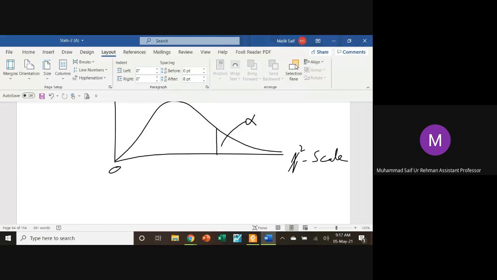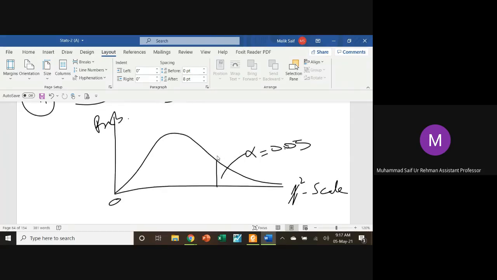This is alpha 0.05, and you are interested in finding the critical value that will be at this point. So what is that critical value? For that you have to consult the chi-square table, and in that table, the degree of freedom is required.